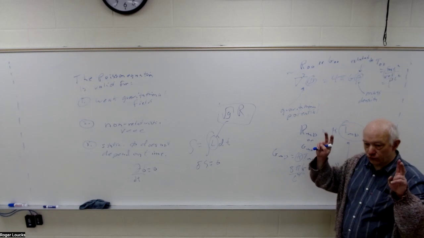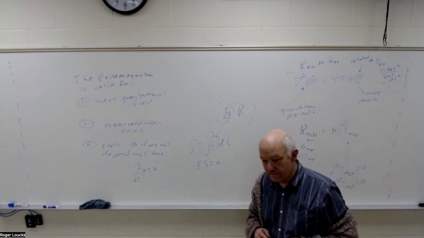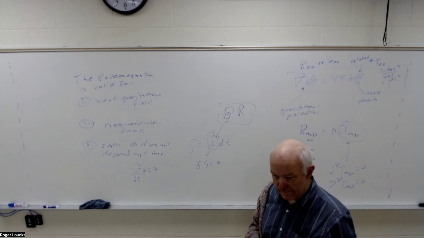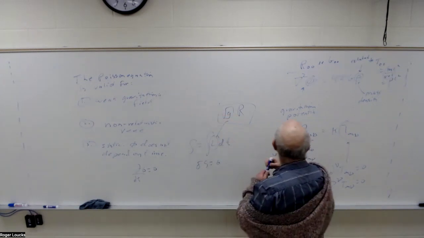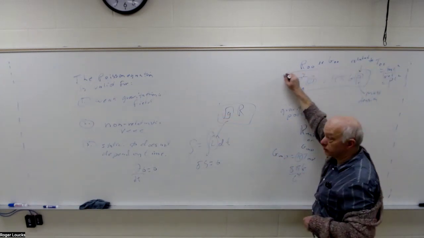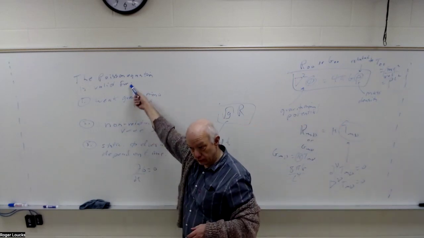In the Einstein equations, you can have relativistic movement. This is saying it's not. This is saying the Poisson equation. Only that equation is valid in this limit.